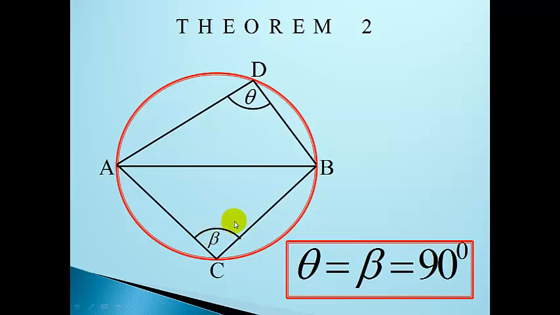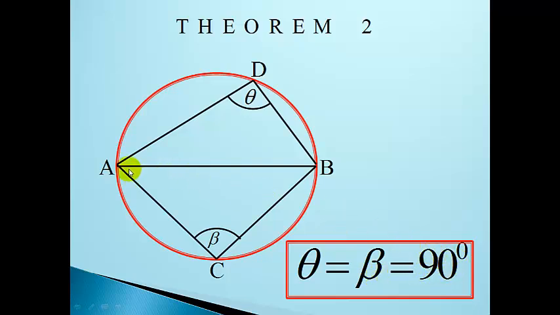Now from theorem 2, the angle that the diameter subtends at the circumference is equal to 90, and this means that theta is equal to beta is equal to 90, because the angle subtended by the diameter AB at point D is theta, and the angle subtended by the diameter AB at point C is beta. And since the angles are the same, it means that theta is equal to beta is equal to 90 degrees.